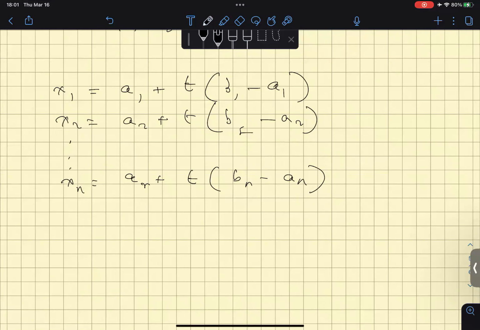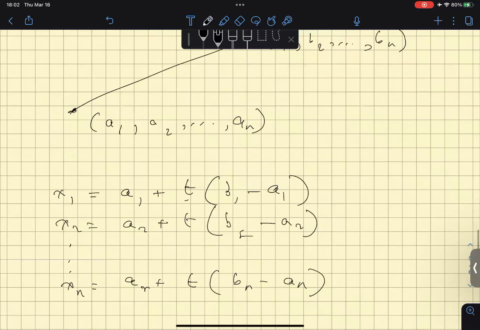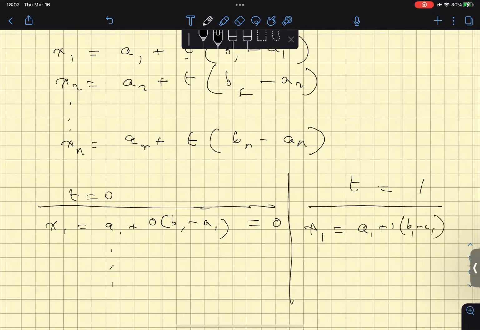You note that t is equal to 0 gives you x1 is equal to a1 plus 0 times b1 minus a1, which is a1. T should be thought of as time, so at time t you are at that point. Whereas if t is equal to 1, you get x1 is equal to a1 plus b1 minus a1.